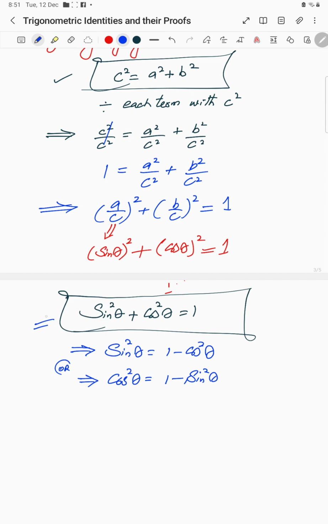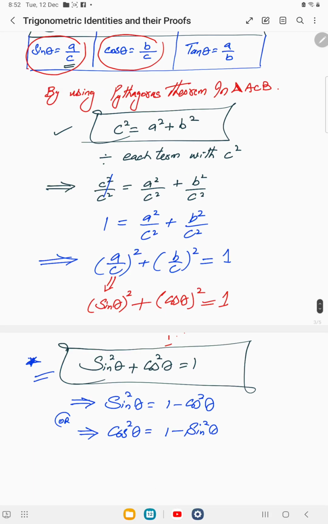So with the help of this one identity, which you need to remember while doing trigonometry questions, keep in mind that this can be further divided into two formulas, that is sine square can be 1 minus cos square and cos square can be 1 minus sine square, right?